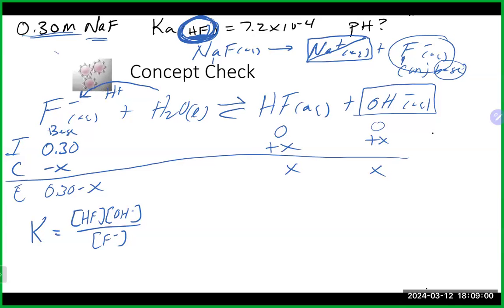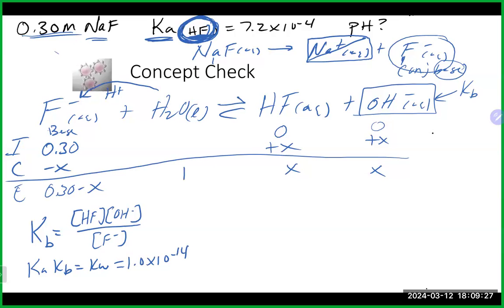This should be a Ka or a Kb? It should be a Kb. Once again, we see hydroxide here, so we need a Kb. Again, we are given a Ka and not a Kb in this case, so this is a case where we do need to use our Ka times Kb equals our Kw, which is 1 times 10 to the minus 14 in this case.